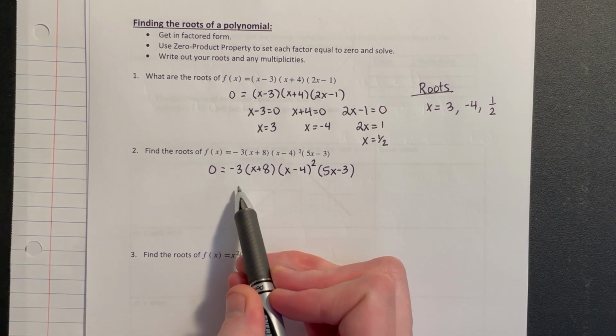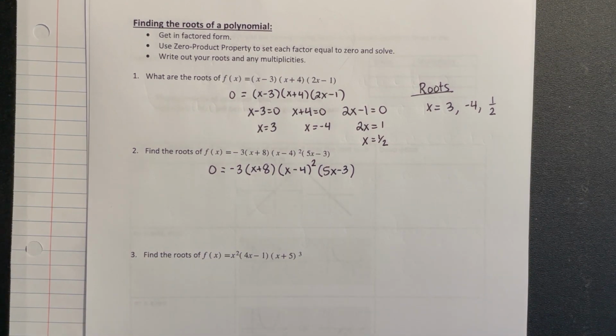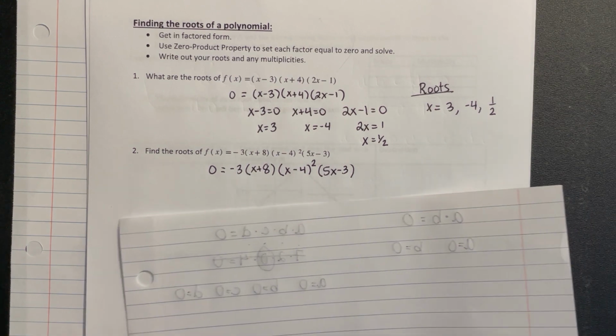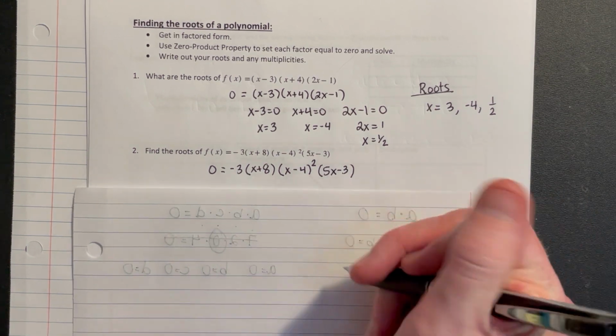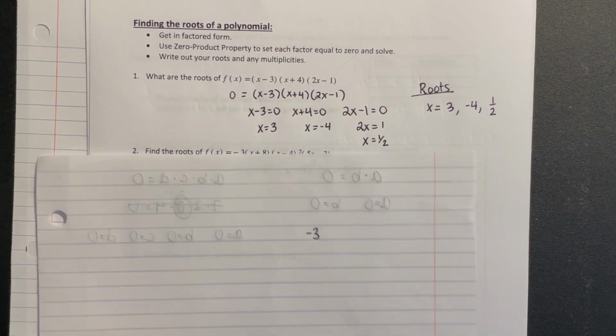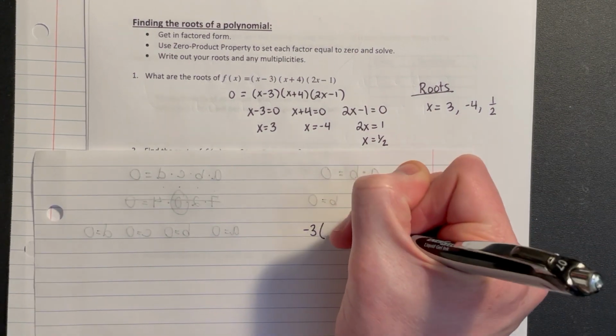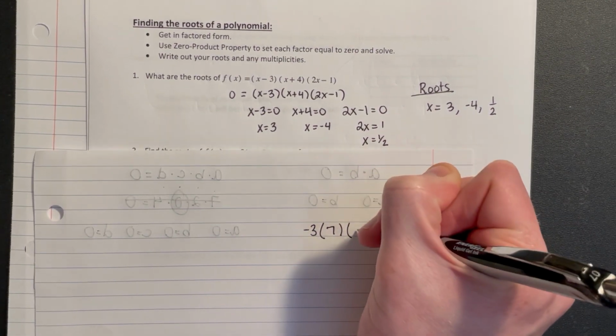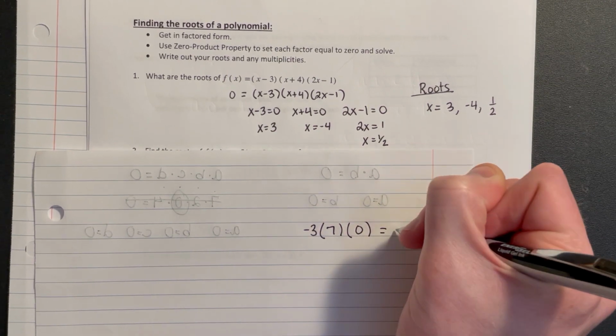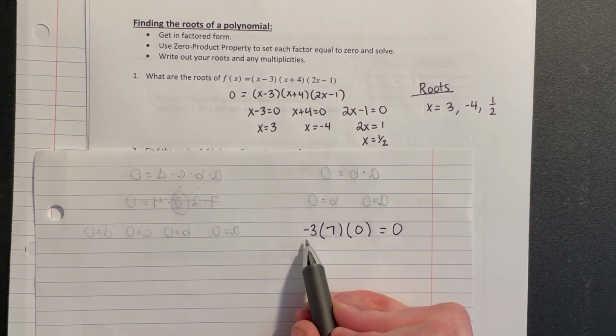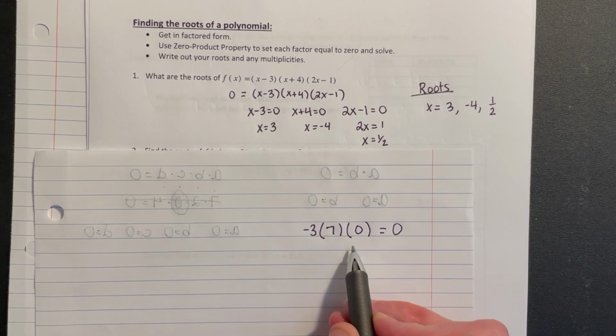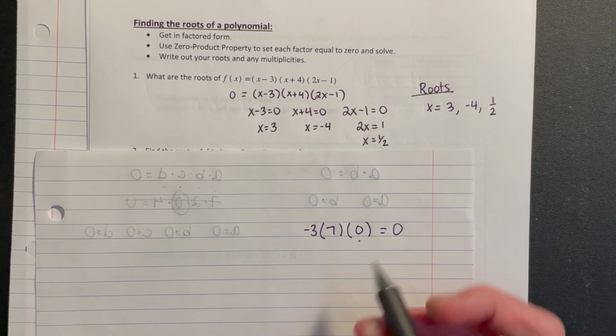That -3 does not have a variable with it, so there's no way it can be the part of the product that makes it equal to 0. If I had -3 times 7 times 0 equals 0, the -3 didn't make this product equal to 0. The 0 did.